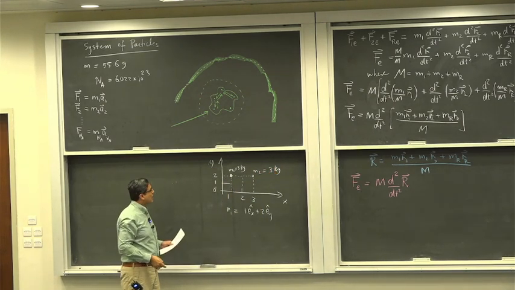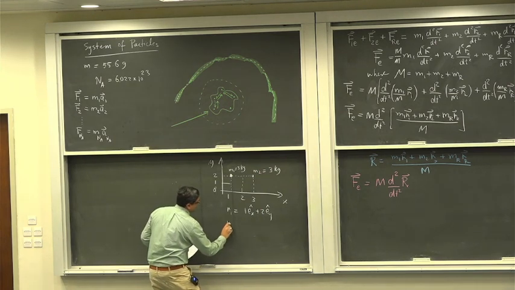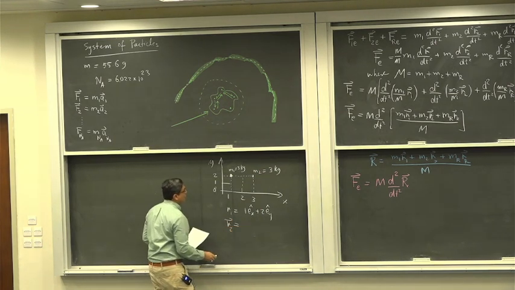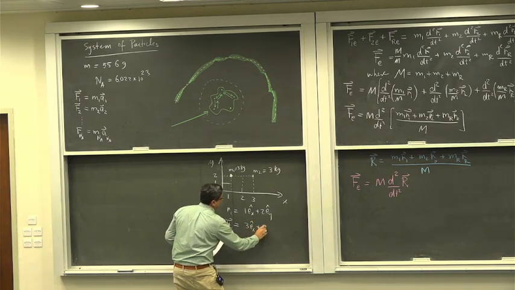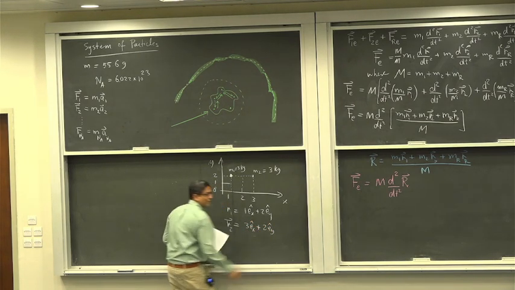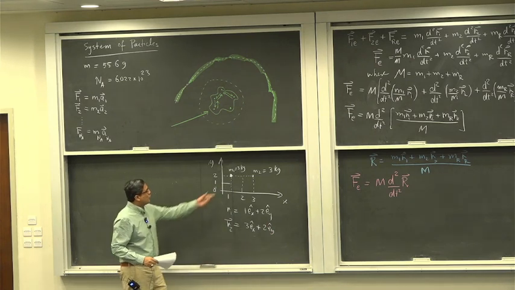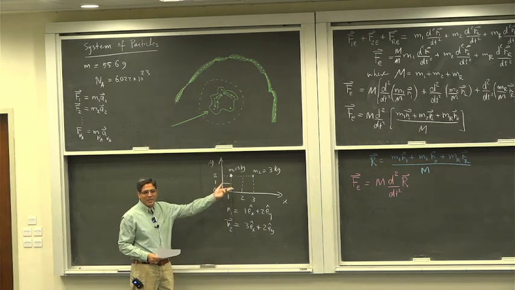Its position vector R2 is 3ex plus 2ey. Now we have these two particles of identical masses.